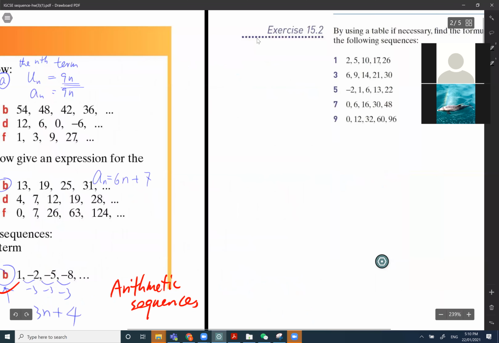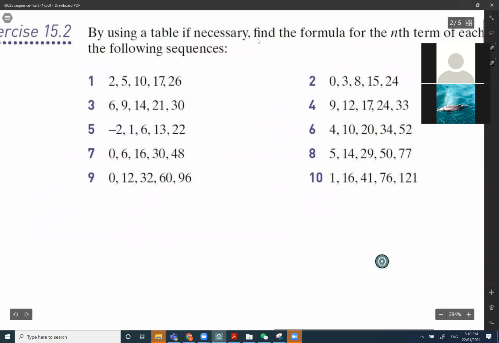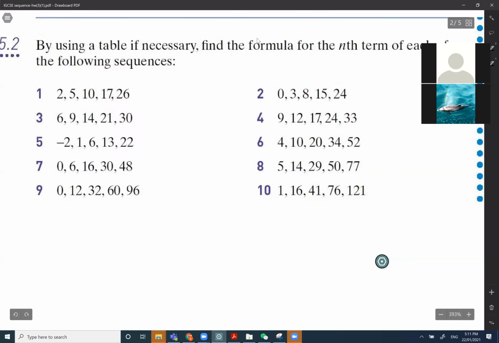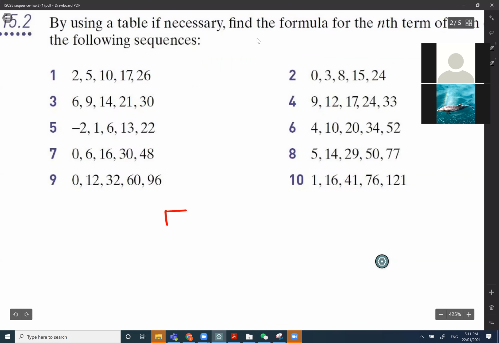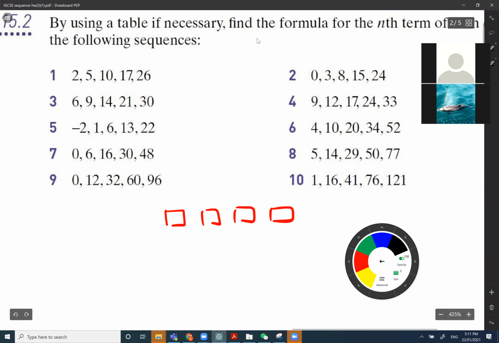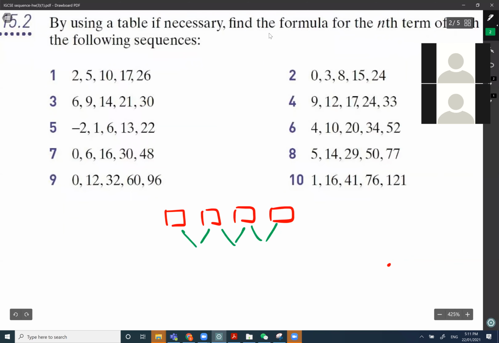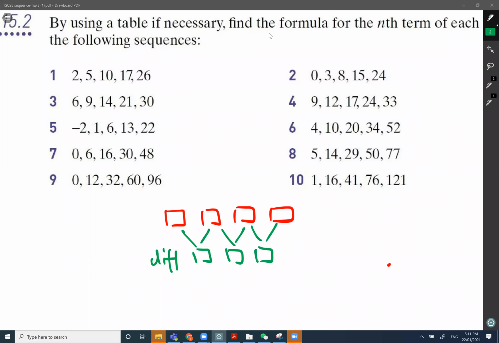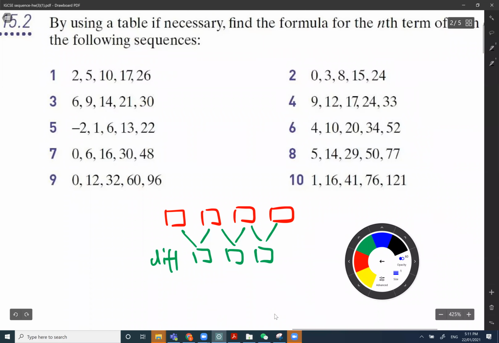Last week we discussed a lot about quadratic sequences. Victoria, do you remember what's our method? If you have several numbers, what's the first step? What do we find out? Difference. Yeah, we find the difference. And then after you get this difference, what's the next step? You find the difference between differences.